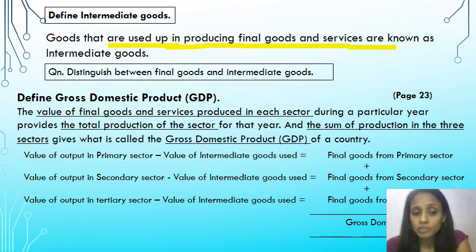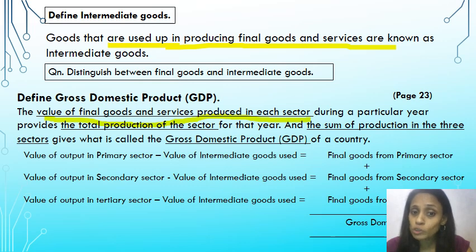How can we calculate GDP? To calculate GDP, we should know the total production of all the 3 sectors. How can we calculate the total production of a particular sector, that is primary, secondary and tertiary? The value of final goods and services produced in each sector during a particular year gives the total production of the sector for that year. That means final goods produced by the primary sector is known as total production of the primary sector.